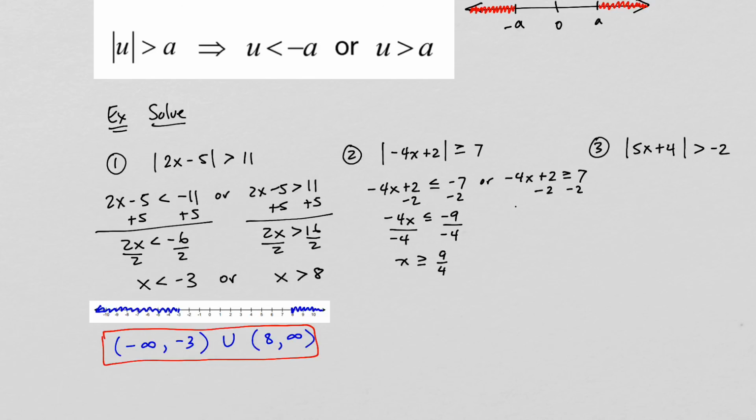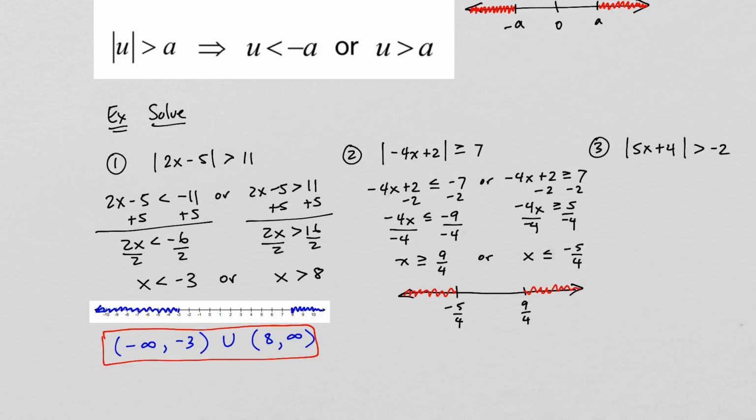Solving the second one, we end up getting x is less than or equal to negative 5/4. All right, so now we're going to graph it and put the answer in interval notation. I won't draw a fancy graph for this one. We have x is greater than 9/4, or x is less than negative 5/4.